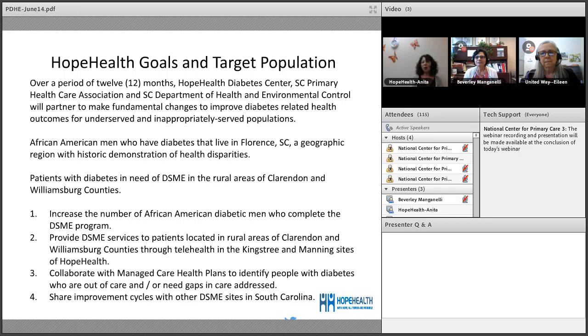So our goal initially was that our team would try to make changes that would impact people in South Carolina with diabetes, with disparities, so those who were underserved, and that we'd be able to improve their health outcomes that were related to diabetes.